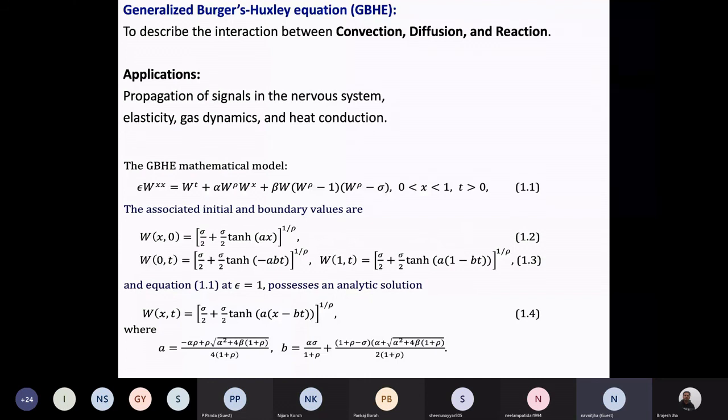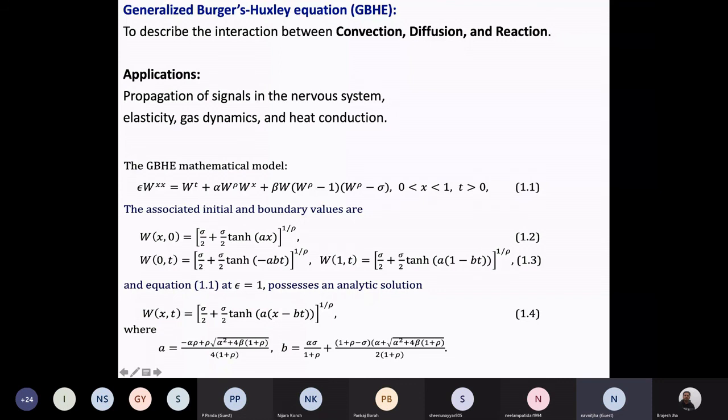Now I am coming to the most general form that describes the interaction between convection, diffusion, and reaction. This Burgers-Huxley is just the extension of Burgers, a combination of Burgers and Huxley equation. It has application in propagation of signals in the nervous system, electricity, gas dynamics, and heat conduction.